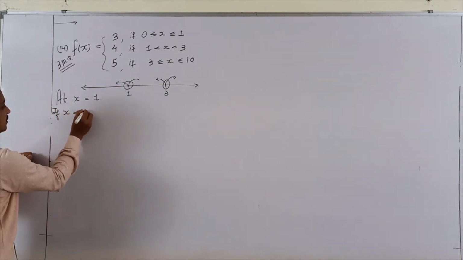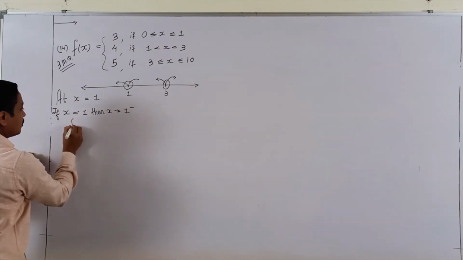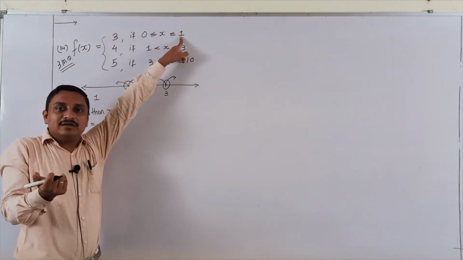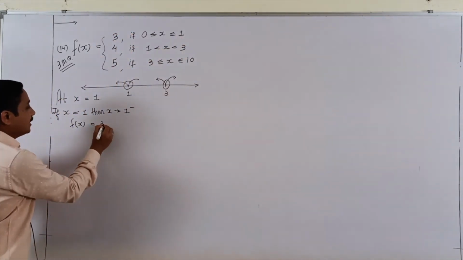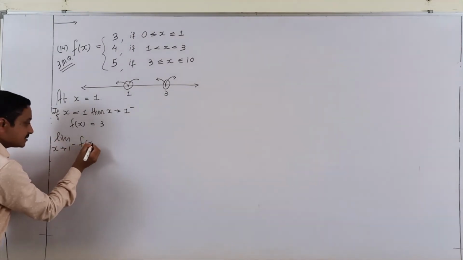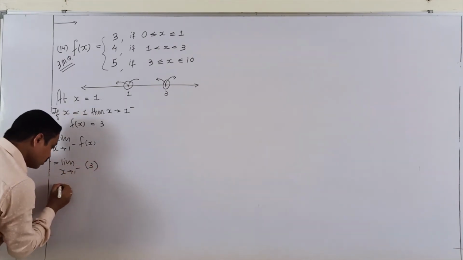If x less than 1, then x tends to 1 negative. What is the function for less than 1, the side less than 1? Yes, it is 3. So limit x tends to 1 negative of f(x), surely my number is 3.